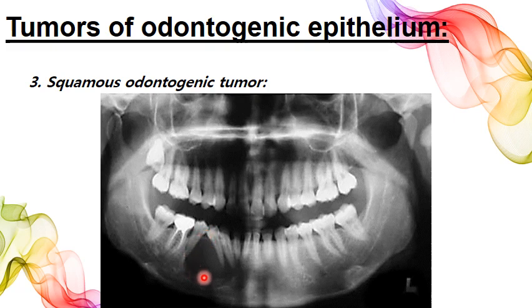There may also be slight swelling in the alveolar process. Radiographically, it has a characteristic unilocular triangular-shaped radiolucency. As we see here, this is the triangle and this is the wide base between the divergent roots, forming the wide base of the triangle.